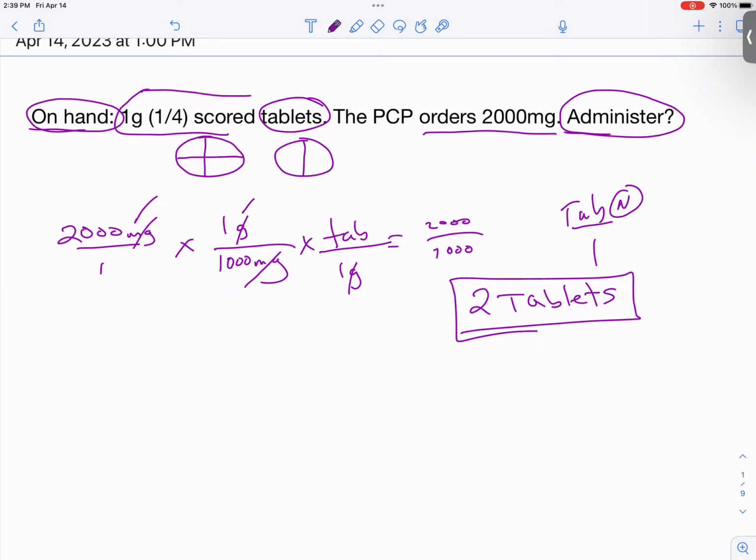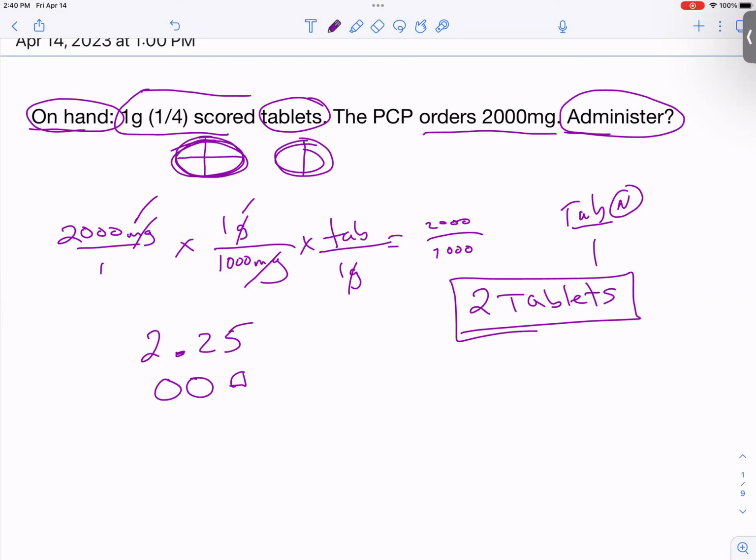Let's say your answer came out to be 2.25. That means you would give 2 whole tablets and then a quarter of a tablet. I'm sorry, I put 1/4 into my problem. Oh, yeah. So on the exams, you'll see a picture or it'll say it. Great question, though.